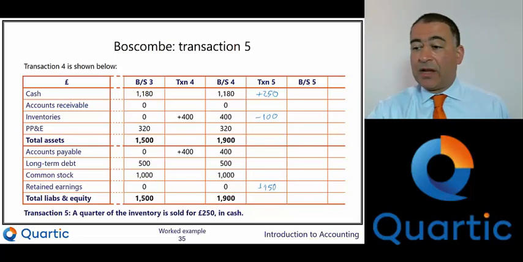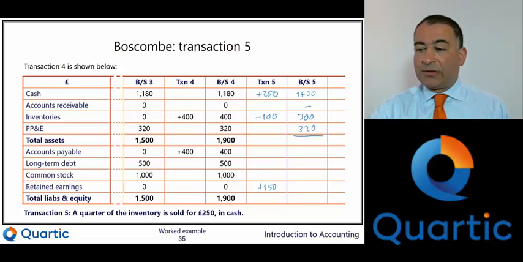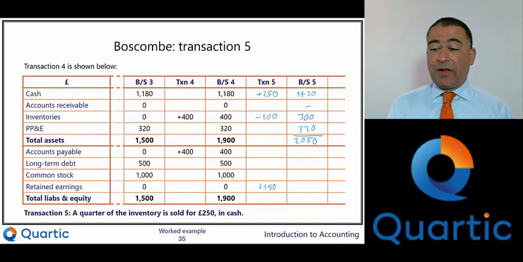Let's fill the numbers in. So balance sheet 5, 1,180 plus 250 goes up to 1,430. Still no receivables. We're down to 300 inventory, 320 PP&E still. And so now you can see that's 1,750, that's 2,050. So the balance sheet's grown even further.